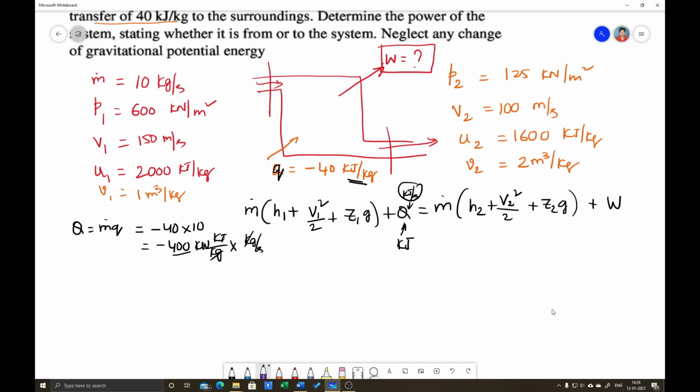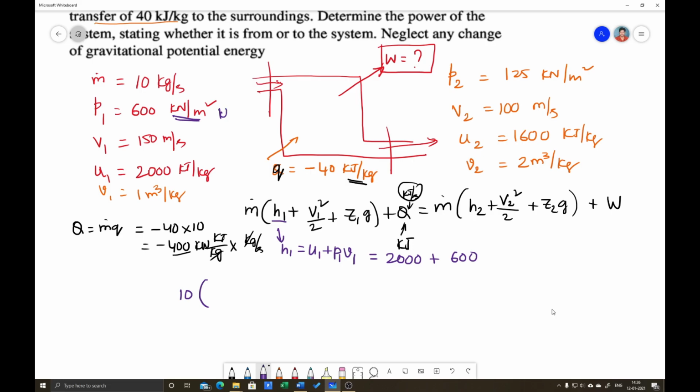Now we will write m dot is 10 into, here h is not given, but h1 is equal to u1 plus p1 v1. So which is equal to u1 is 2000 plus p1 is 600.